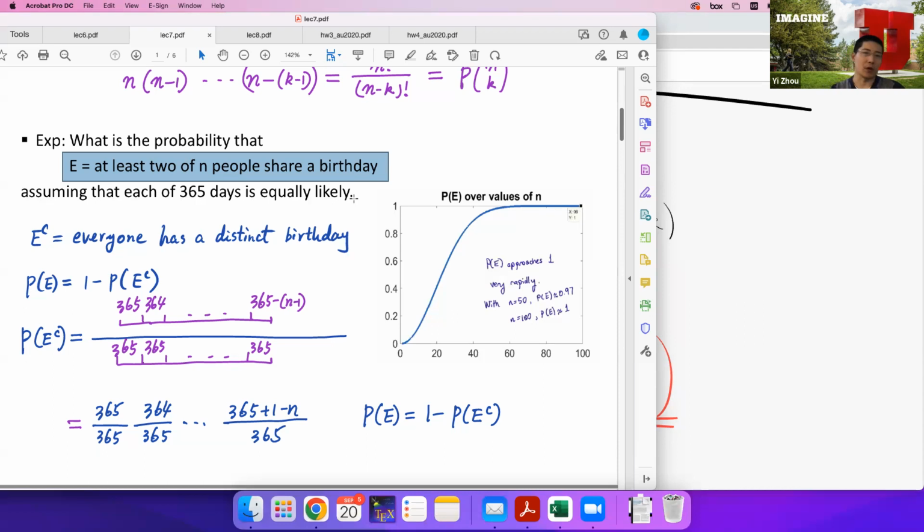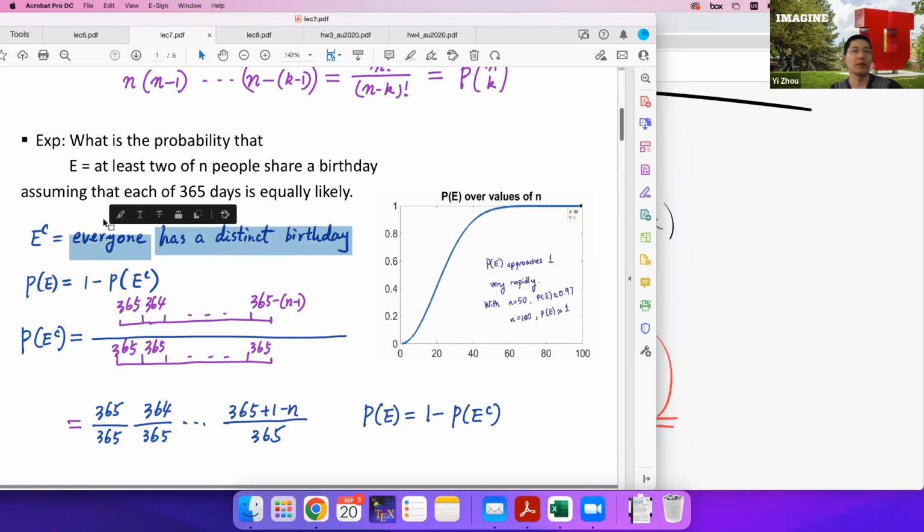So for this type of problem, whenever you see an event that is described by at least or at most, this kind of statement, we can always consider the complement, which is much simpler than this event. So the complement of this event is that everyone has a distinct birthday, right? Because E is at least 2 share a birthday. Its complement is that everybody has a different birthday.